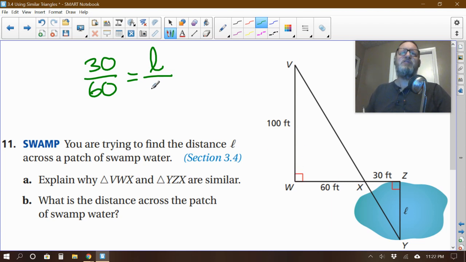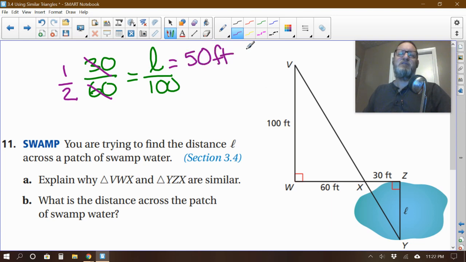All right, so that was 100. Okay. Oh, look, 30 over 60 once again is 1/2, because 30 is half of 60. So what number is half of 100? Well, you can pretty quickly arrive at that being 50, 50 feet. Okay, so that's the distance across our swamp.